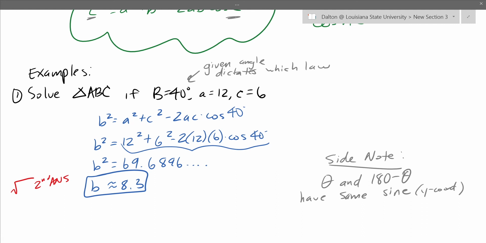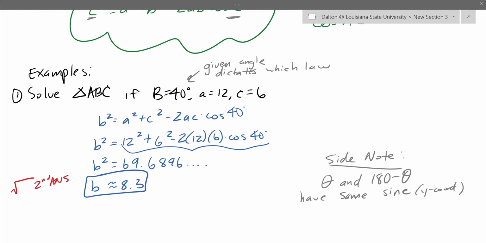So what happens is your calculator in the law of sines defaults to the theta. It defaults to the acute option, and it does not take into account that there's an obtuse angle that also satisfies that given ratio. Okay, so the issue is what happens if our angle is supposed to be obtuse? Your calculator is going to miss it.